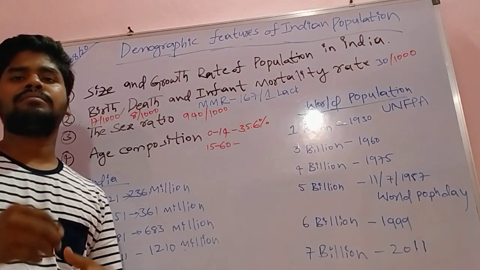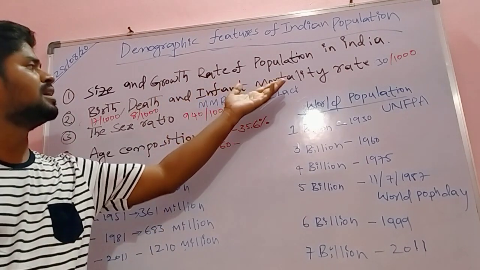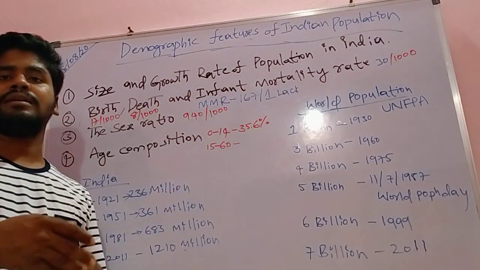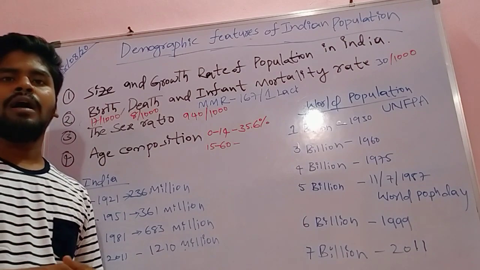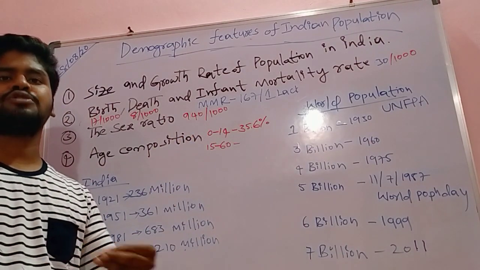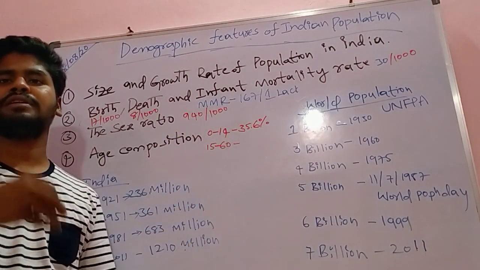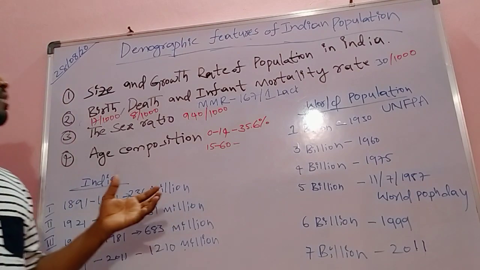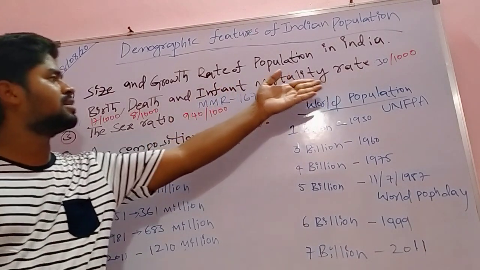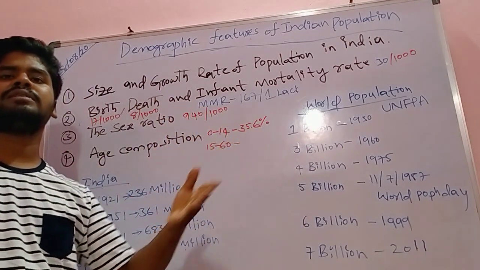We need better health facilities during delivery and pregnancy. Women have to be taken care of by the government, with health facilities and treatments provided, so that the infant and maternity mortality rates decrease.